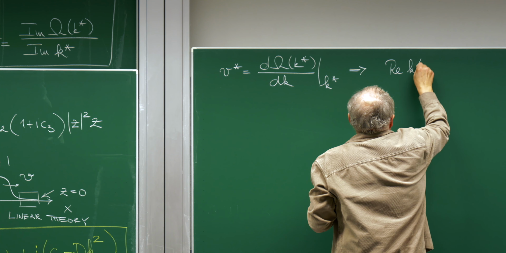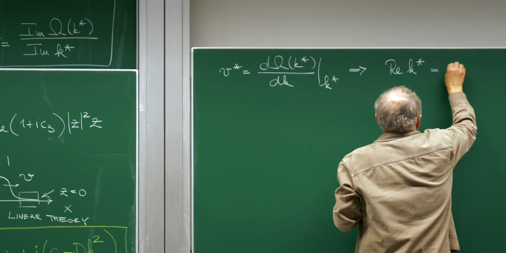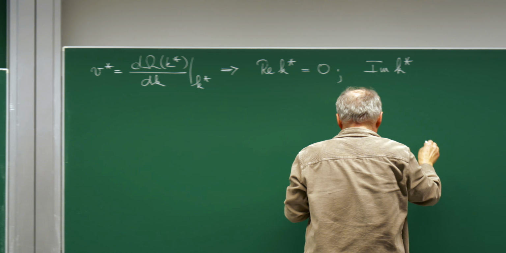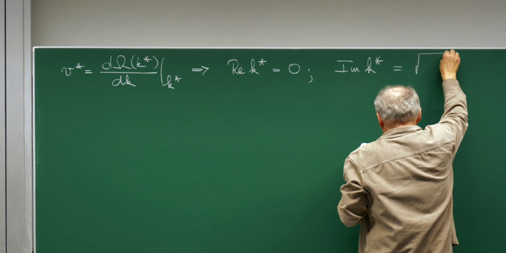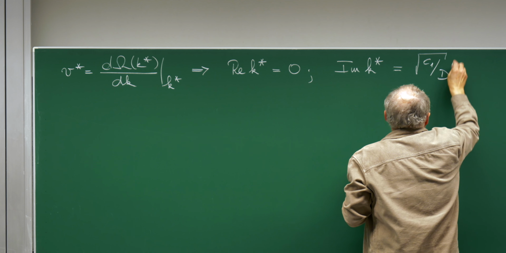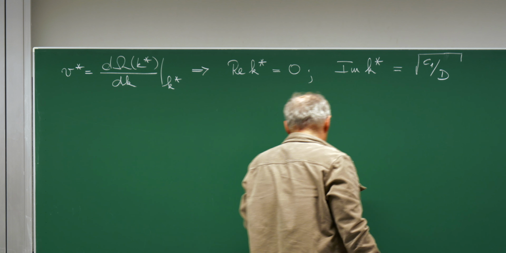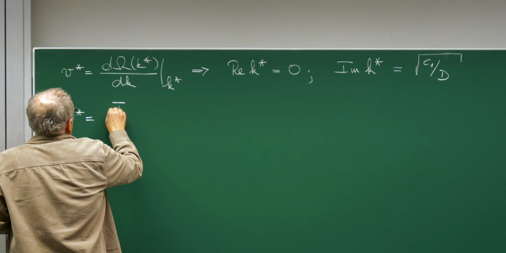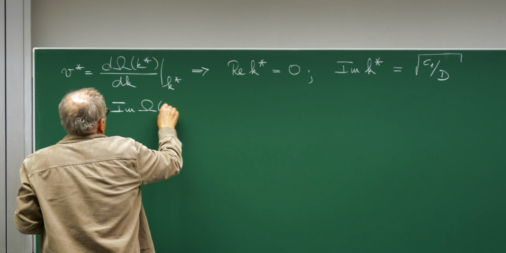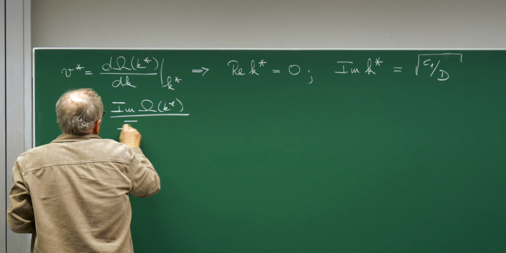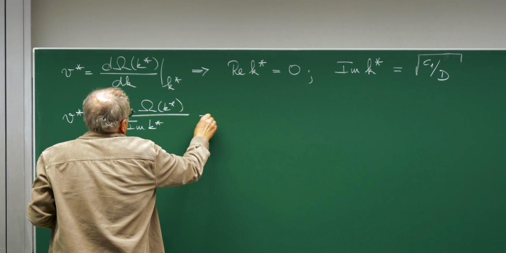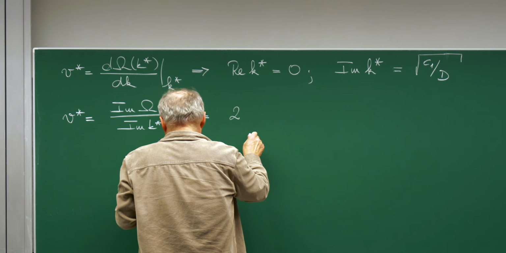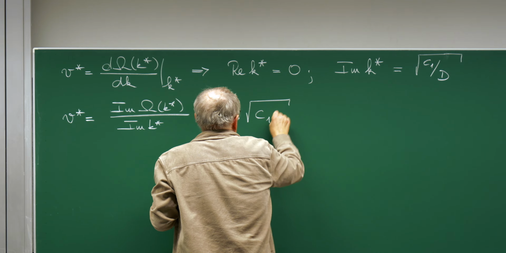From that you get that the real part of k star is 0, and the imaginary part of my saddle point is the square root of C1 over D. From the second relation, from v star, so from the stationarity condition, we then get that this is 2 times the square root of C1 D.